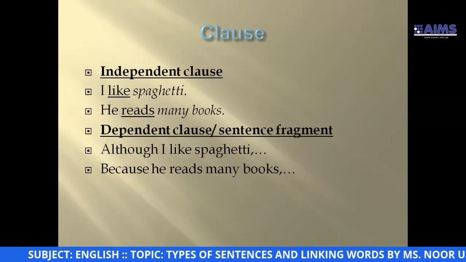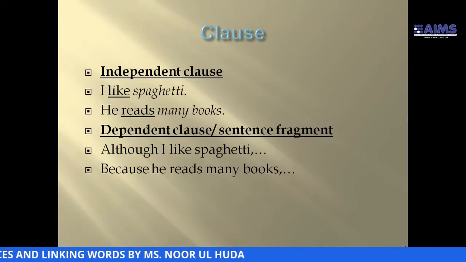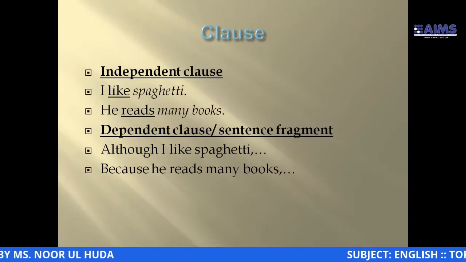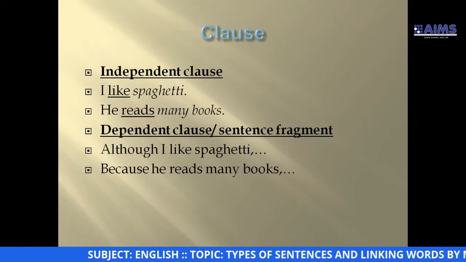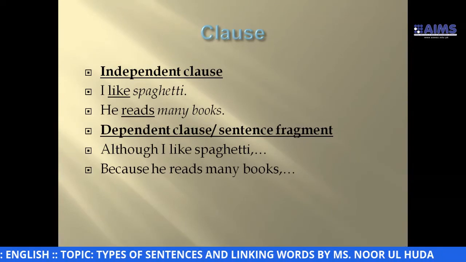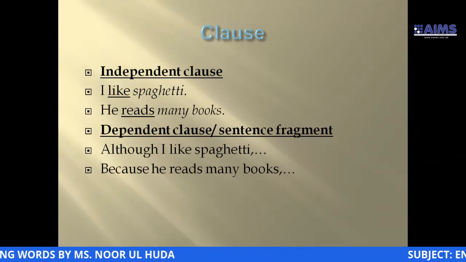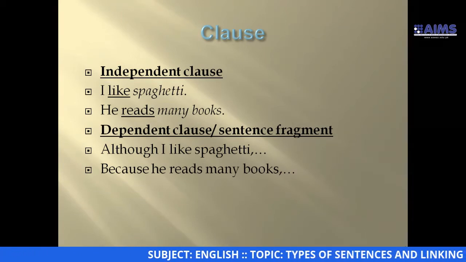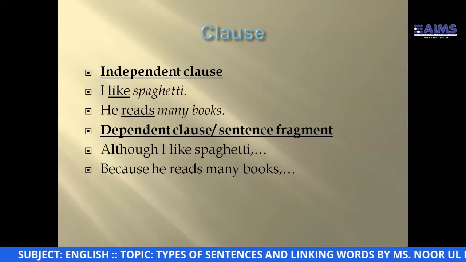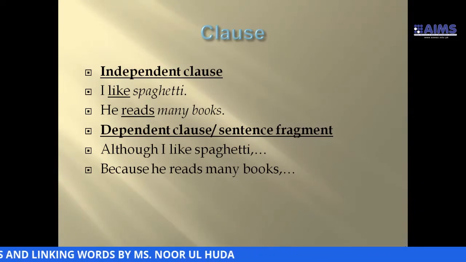Similarly, when we talk about the dependent clause or the fragment, they are unlike the independent clause. They cannot stand alone. They are not complete sentences. Let's suppose if I put "although" before I like spaghetti, it becomes a dependent clause. Although I like spaghetti, now what happens? What does the speaker want to tell more? Similarly, because he reads many books.